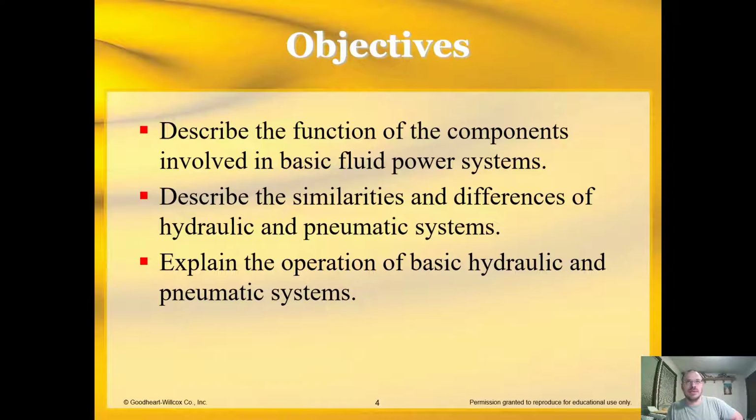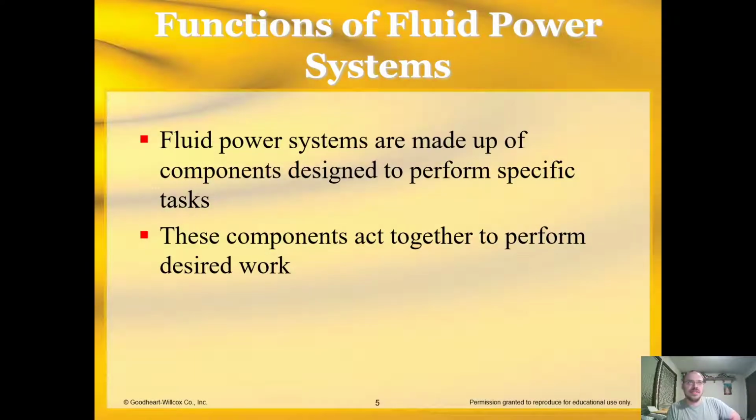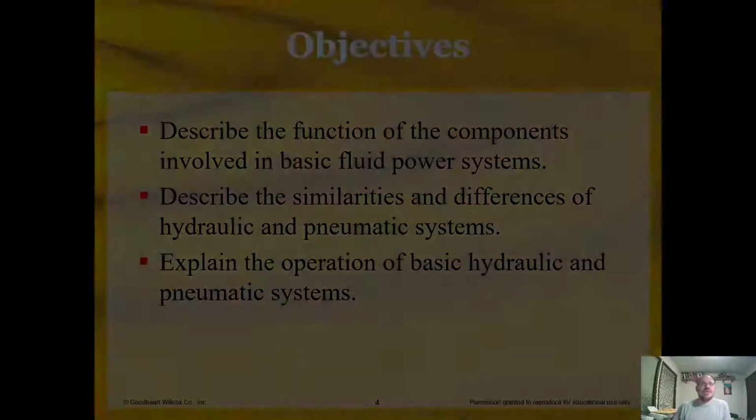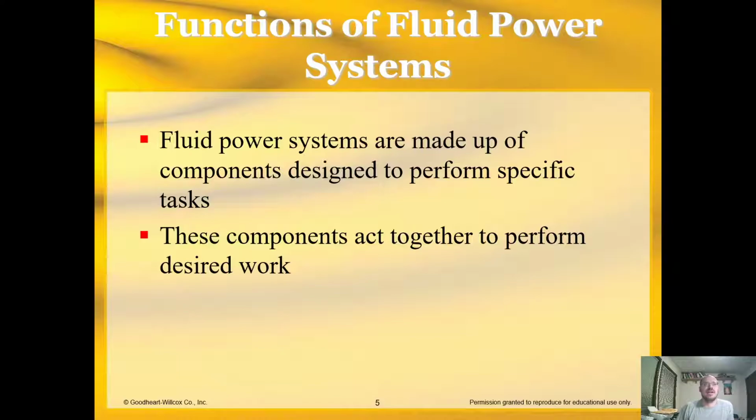Then the functions of the components involved in basic fluid power systems, and describe similarities between hydraulics and pneumatics. There are a lot of similarities between hydraulics and pneumatics. Then explain the operations of basic hydraulic and pneumatic systems, so go over basic operation procedures, and so on. Alright, so those are the overall objectives.